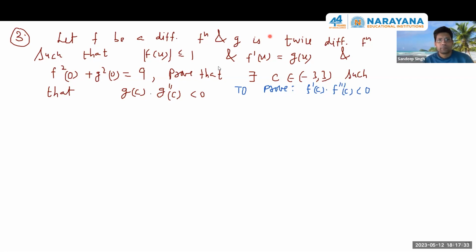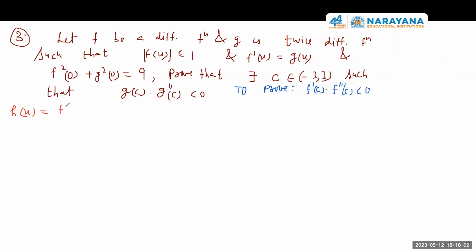Yes? Tell me. Yes, all of you. Okay. Now what is given in the problem? That magnitude of f x is smaller than 1. And there is one more piece of information, f is square 0. The way this information is given, this is a hint that you should let a function h x be h x equal to f square x plus g square x, and g is nothing but f dash.